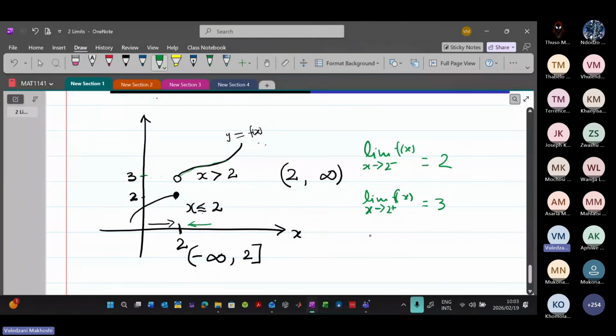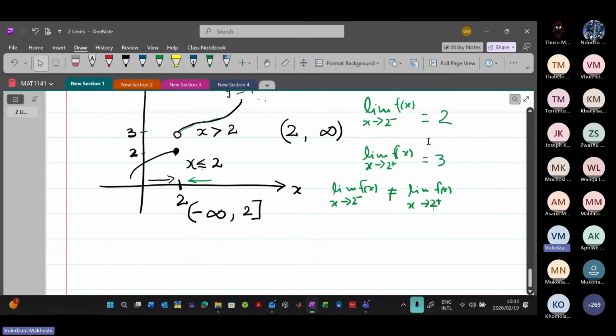And therefore, when we compare the two, we realize that the limit of f of x when x is approaching 2 from the left is not equal to the limit of f of x when x is approaching 2 from the right.